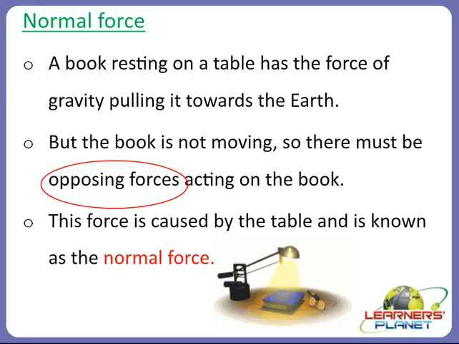Why is the book not moving? Because of the opposing forces which are acting on the book. So this force which is caused by the table to move the book is known as normal force. But even then, this book is not moving because opposing forces are acting on the book, right?